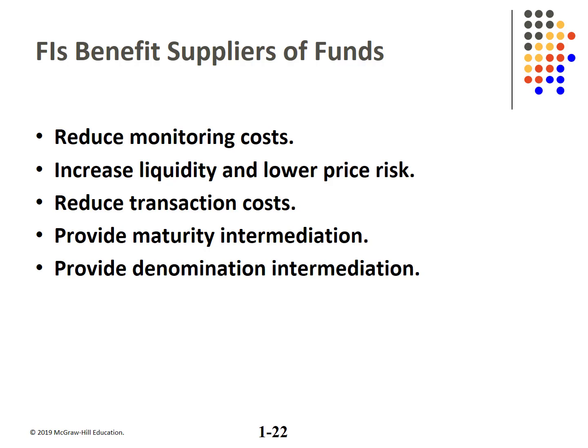Big terms. Maturity intermediation means a financial institution can better bear the risk of mismatching the maturities of their assets and liabilities. Denomination intermediation means financial intermediaries pooling small investors' funds allows them to overcome the constraints to buying assets with large minimum denomination sizes.